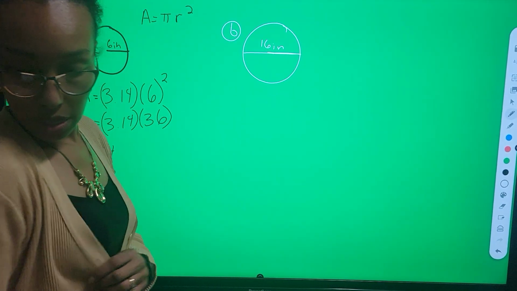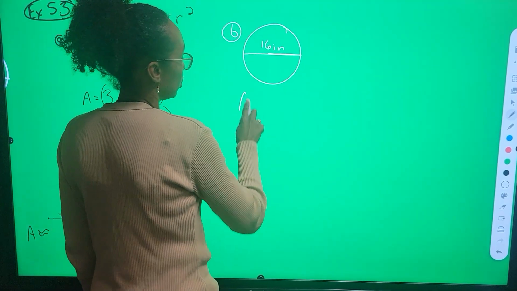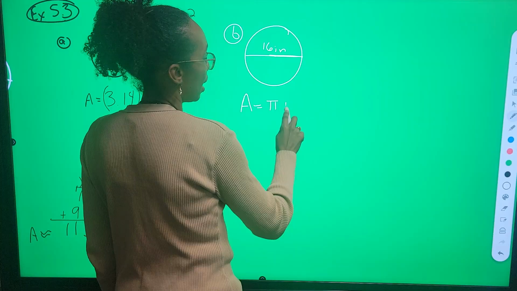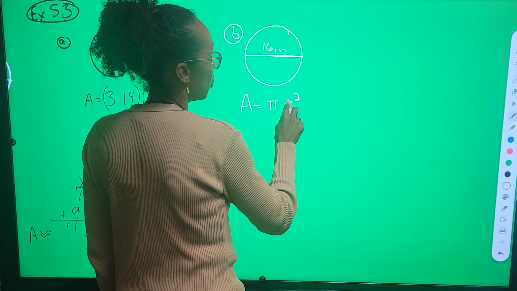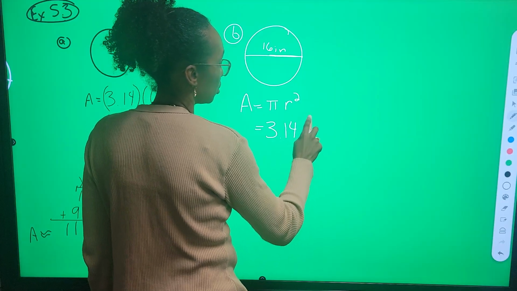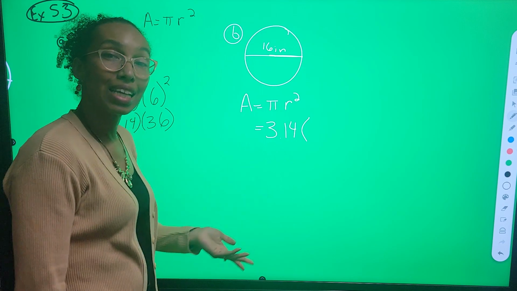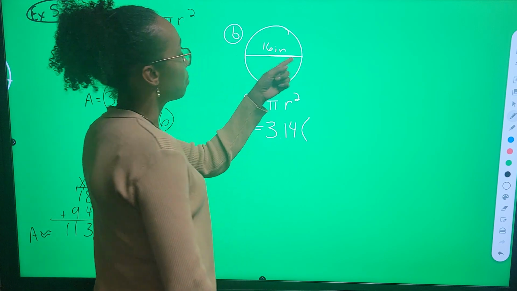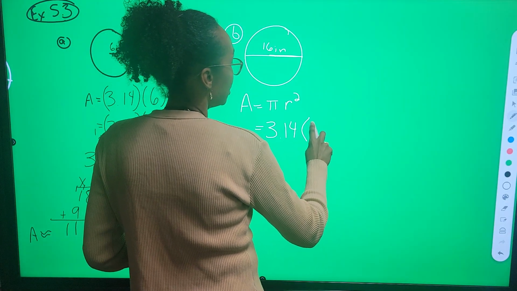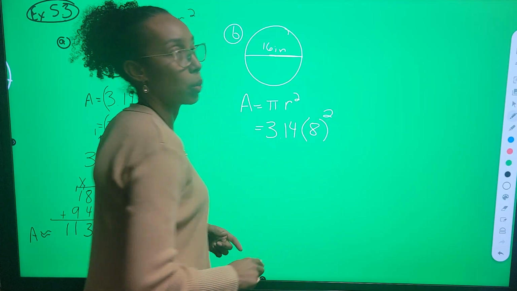And we're told again to find the area of the circle. So we know it's going to be pi times r squared. We're using 3.14. Only problem is they gave us a diameter instead of a radius. So I know it's going to be 16 divided by 2, which is going to be 8. So I'm going to put 8 for the radius and square it.